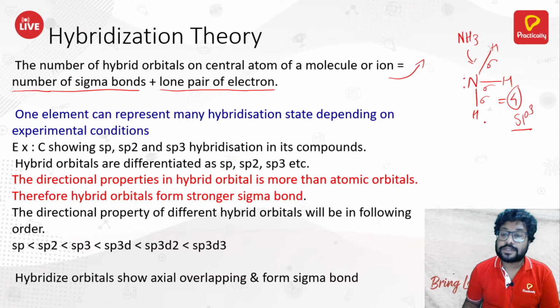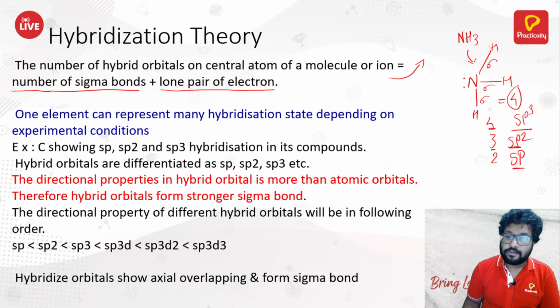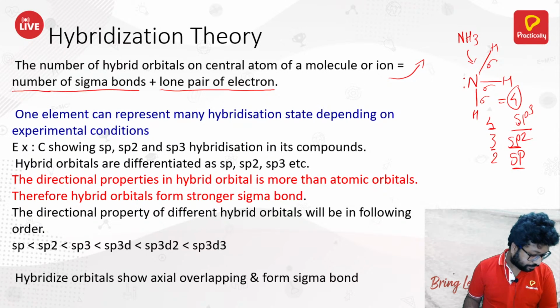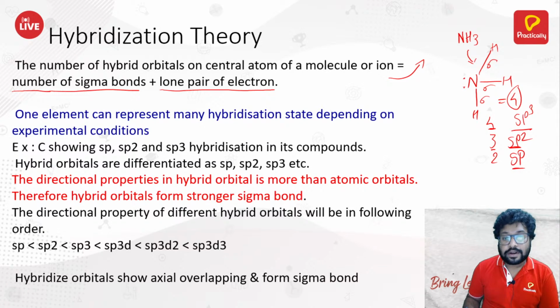If the number comes 3, it is sp2. If the number comes 2, it is sp. The number will never come 1. For 2 there are two orbitals, that's why sp; 3 orbitals, sp2; 4 orbitals, sp3. And how to calculate this number?